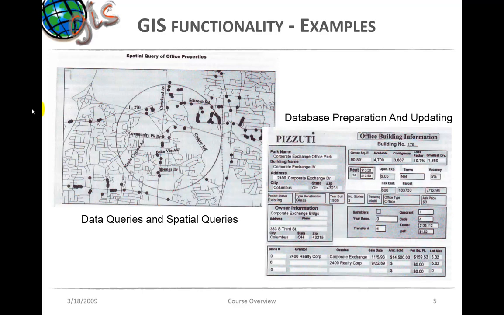What you are seeing in this example is a company's proprietary office building information data sheet, where they enter all this information. It looks like an Access form, and this information has then been geocoded and presented in a map format.